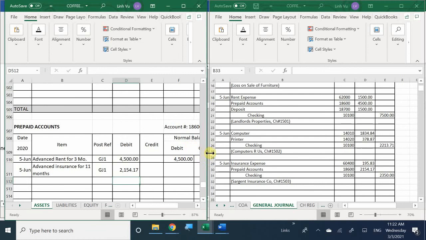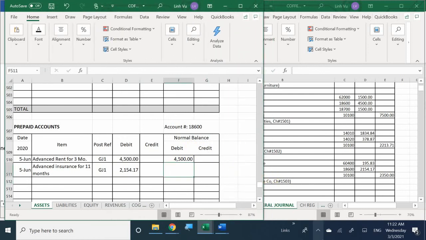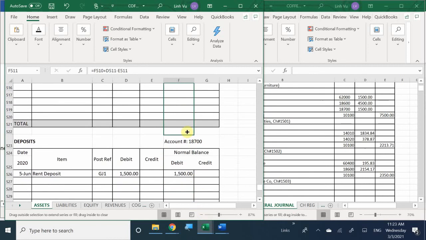I'm increasing my prepaid accounts, right? So in this case, I'm going to go up one, so the previous balance. I'm going to add any debits, and I'm going to subtract any credits. So in this case, my total balance amount is going to be $6,654.17. And to save some extra time, I'm going to pull this information all the way down.